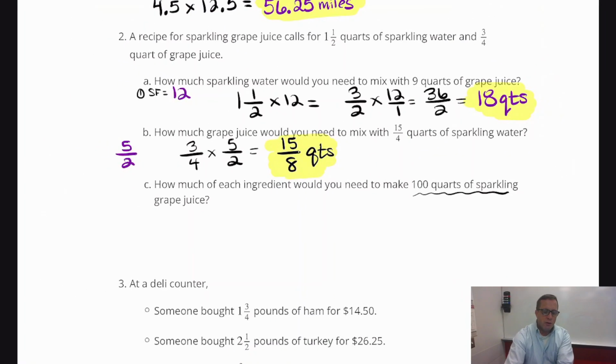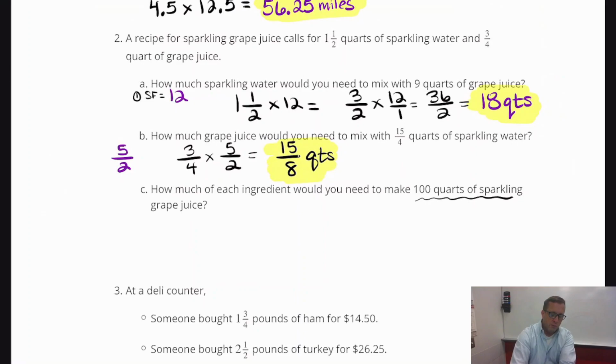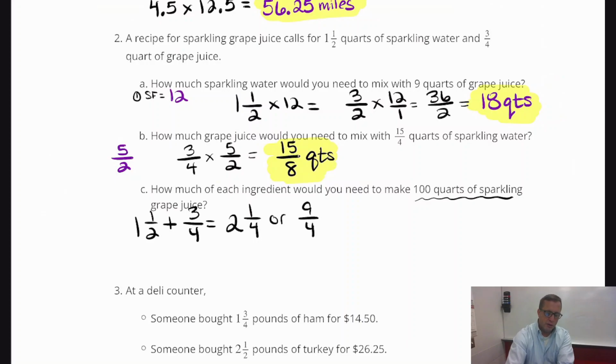So if we go down to the simplest form, 1.5 plus 3/4, and we add that up, that's 2 1/4. That's 2 1/4. All right, or 9/4.